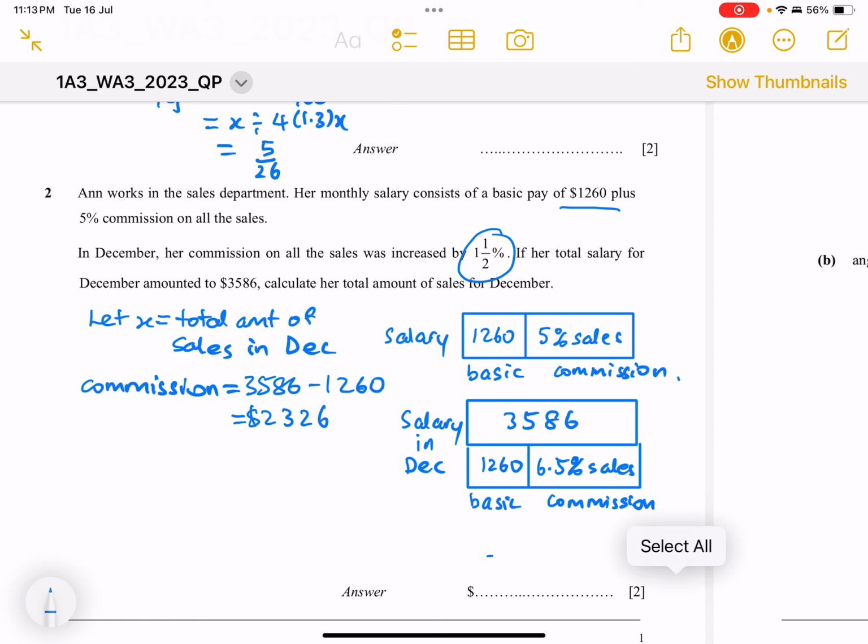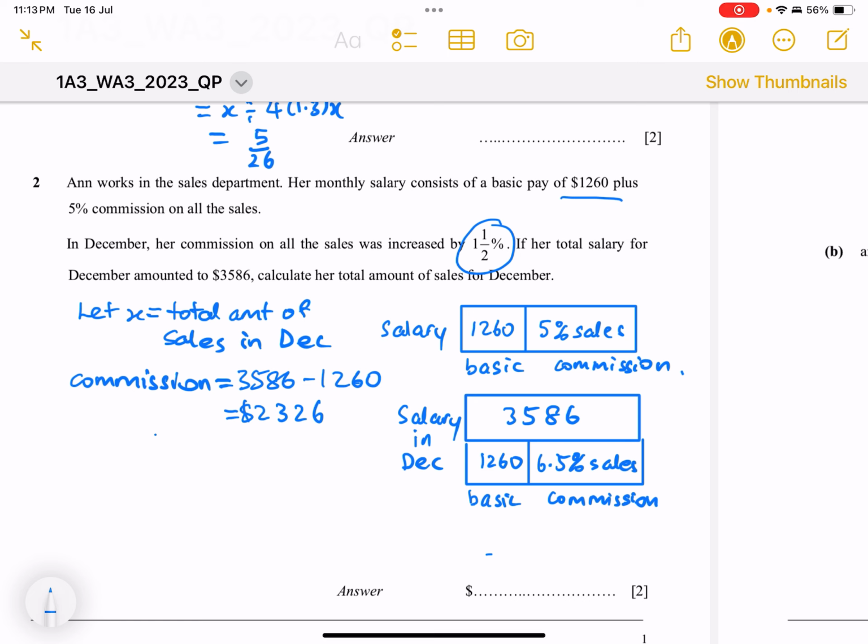So if we let x be the total sale in December, then 6.5% of x will be equal to 2,326. And that works out to be x is 35784.62.